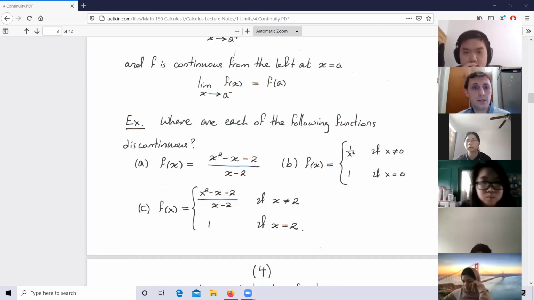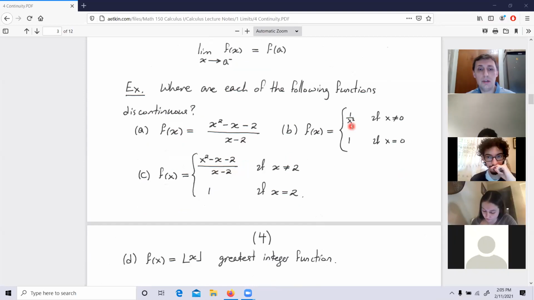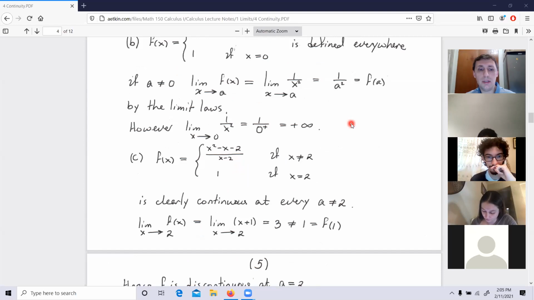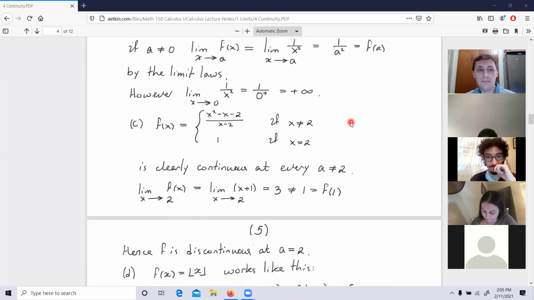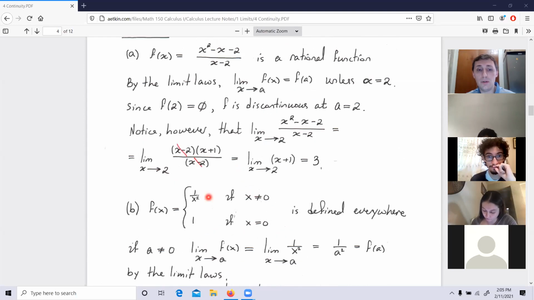What happens here in b? We take the limit as x goes to the value 0, right? For any value, it's a rational function, so at any value where the denominator isn't 0, the limit is the same as plugging in the value. So it's continuous everywhere except at 0. Do you agree?